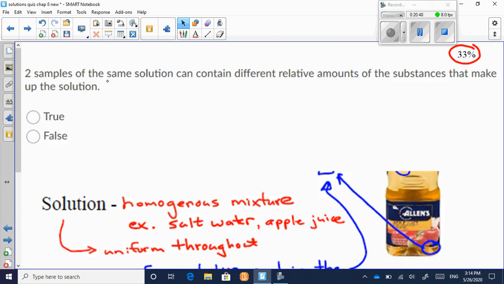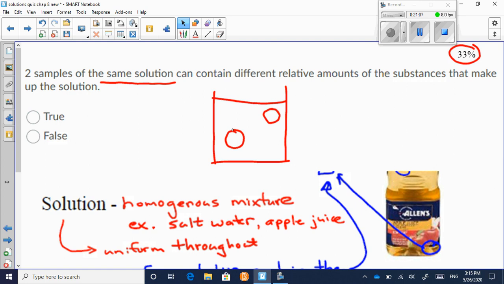First of all, it says of the same solution. In other words, you create a solution. Okay, so you mix some solute in and it all dissolves. So what they're saying is that if you take a sample from here of that solution and another sample from here, can those 2 samples contain different relative amounts of the substances?